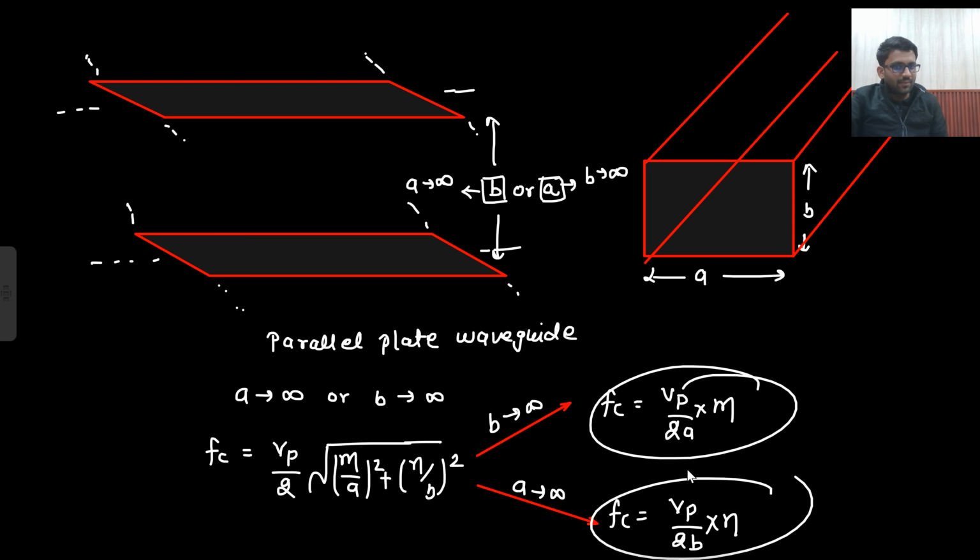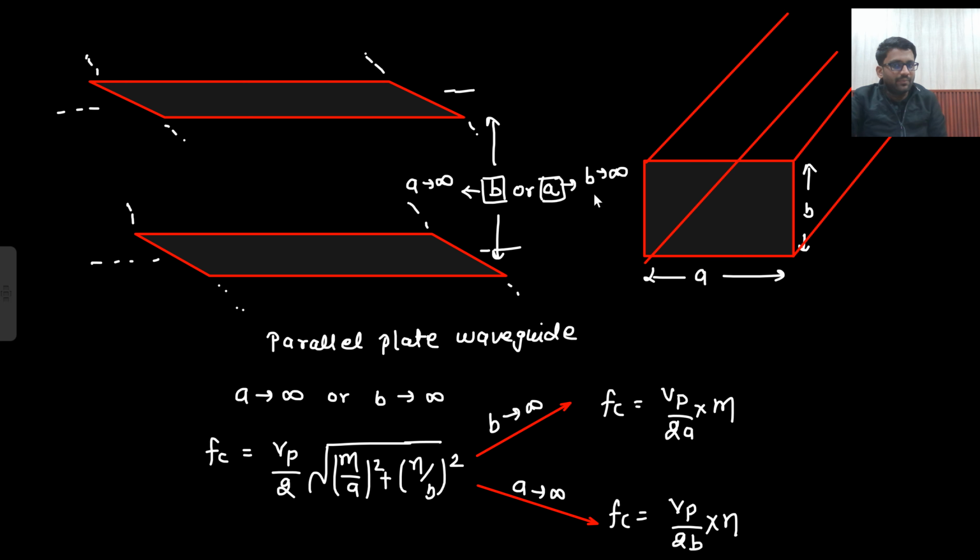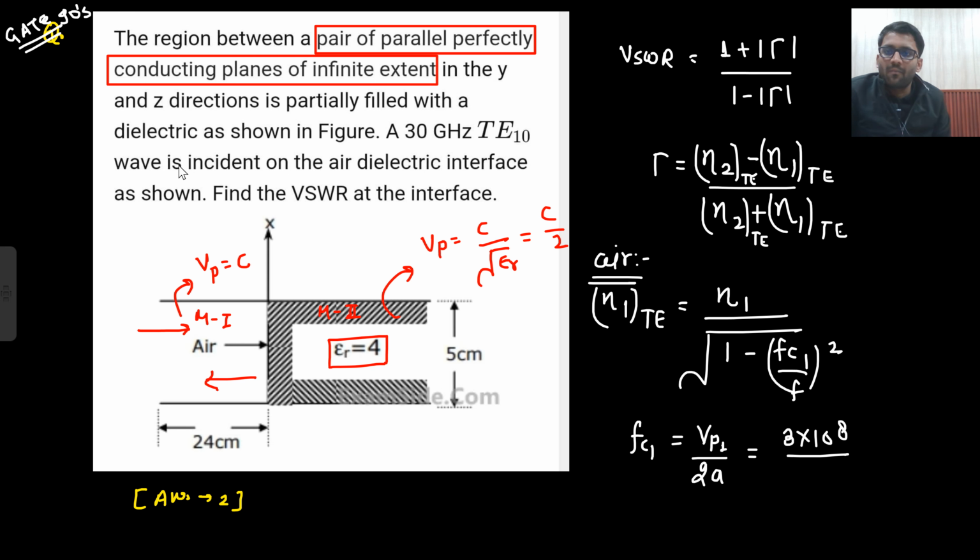The cutoff frequency formula is the same only, because one length, B or A, will be mentioned. Here this length is mentioned, 5 centimeter. If I write down the formula of cutoff frequency as Vp by 2A, that means I am considering B equals to infinity. B is tending towards infinity.